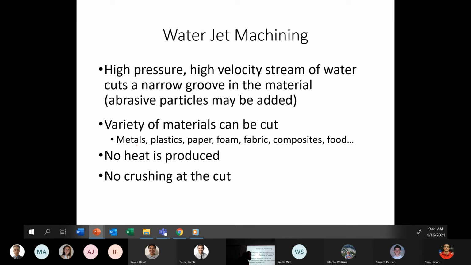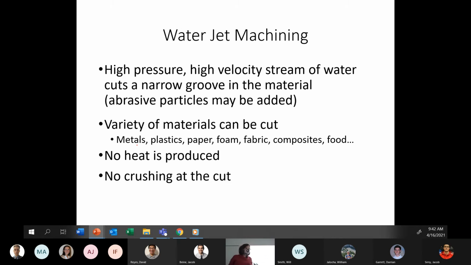Food is kind of interesting because we may not often think about food products needing to be cut, and there certainly are other ways that we can do it. A lot of times for certain products, you may just have a thin wire.